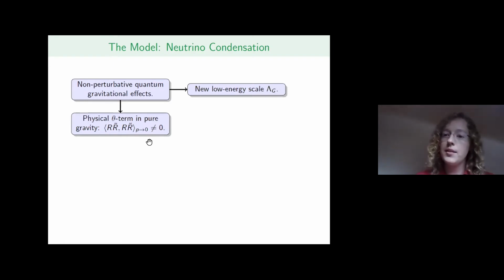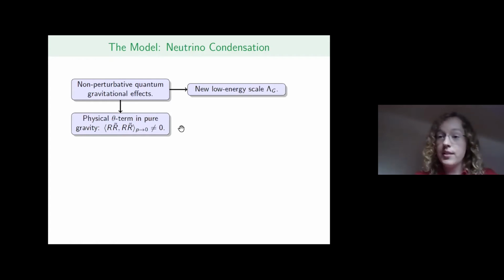So we're taking it as a free parameter and constrain it with phenomenological requirements. And this is what we will see later in the talk, that phenomenologically, there's only a very small window where these effects are still allowed to take place. And this window is in between the milli-electron volt and electron volt energy scale.